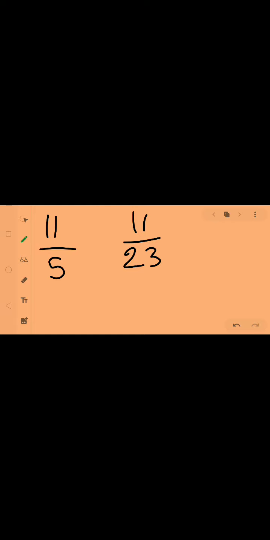So beside the greater quantity we place 2 dots, beside the smaller one 1 dot, then we join, so we get the comparison correctly. So 11 by 5 is greater than 11 by 23.